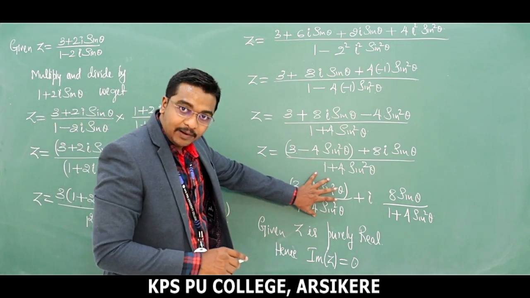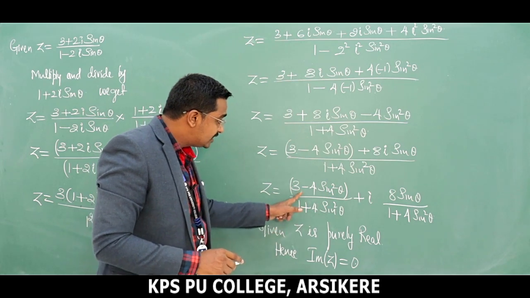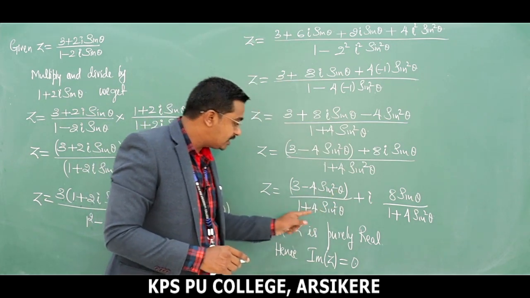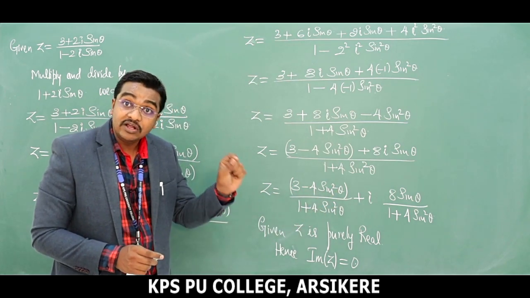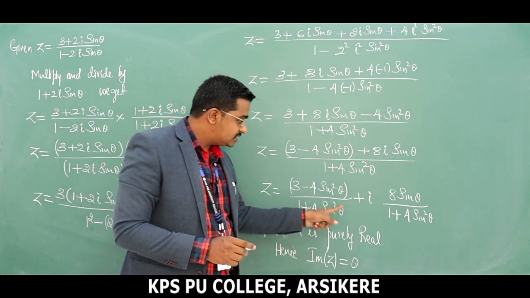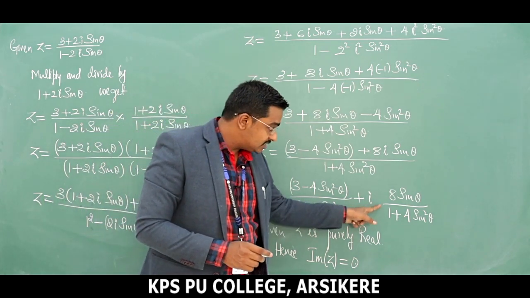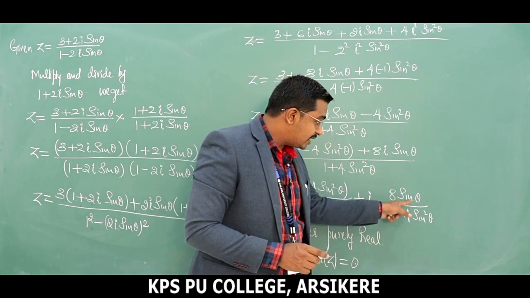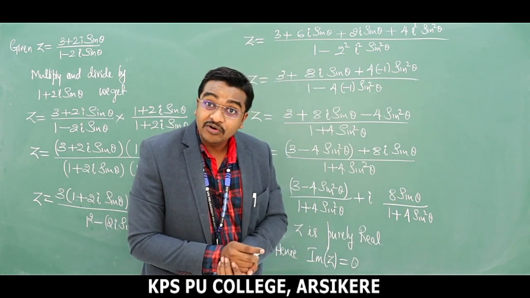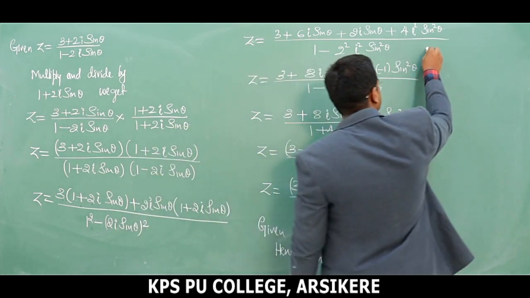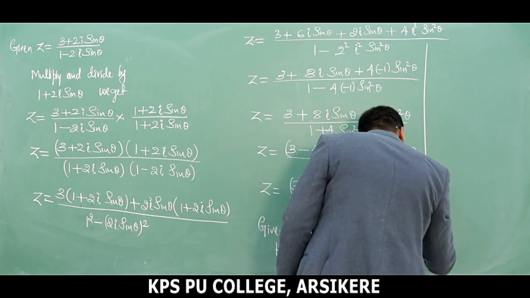So this is the real part. What is the real part of z? 3 minus 4 sin square theta divided by 1 plus 4 sin square theta, and this is the imaginary part, 8 sin theta divided by 1 plus 4 sin square theta. Continue here.